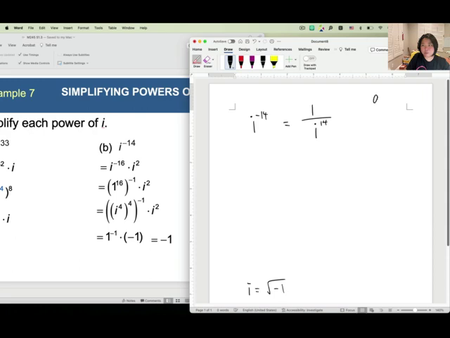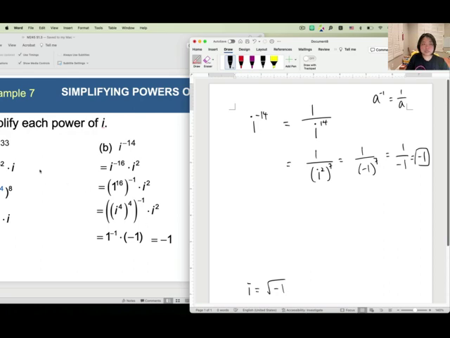Remember the formula a to the power of -1 is equal to 1 over a. Same idea. And this is an even number, so this is good. I will make it like a square: 7 times 2 equals 14. And I know i squared will be equal to -1, to the power of 7. And this is an odd number, so I still have a negative number here. All right, so 1 divided by -1, which is going to be -1.